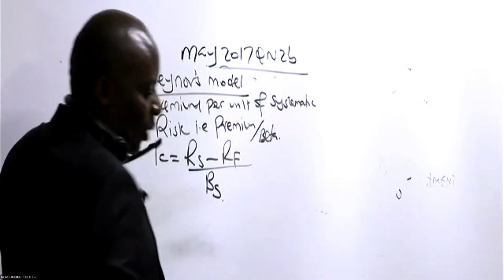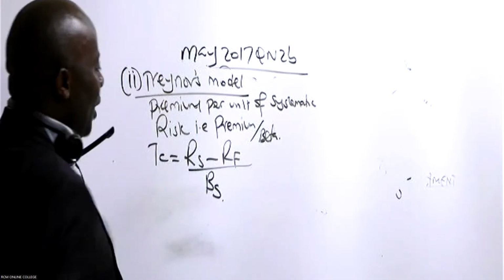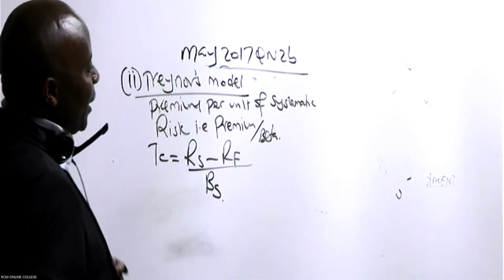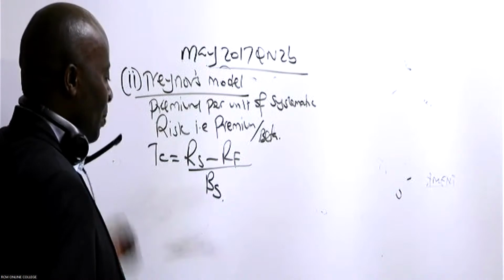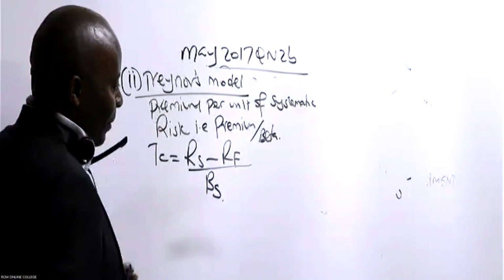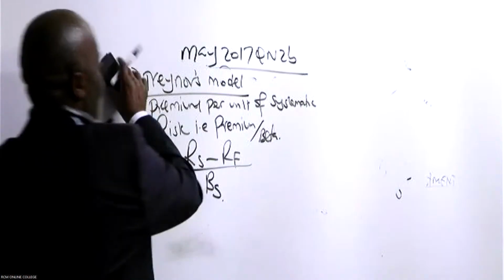But in this question, the examiner never gave us beta. I'm using this opportunity to teach you how to calculate beta, which is a measure of systematic risk. It's very easy.